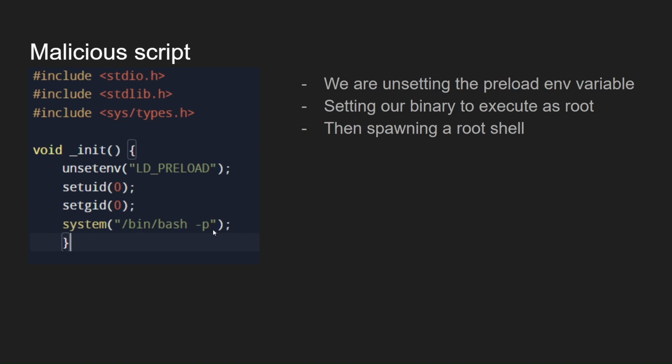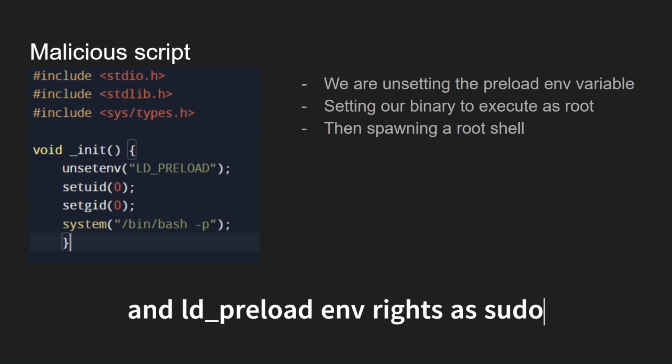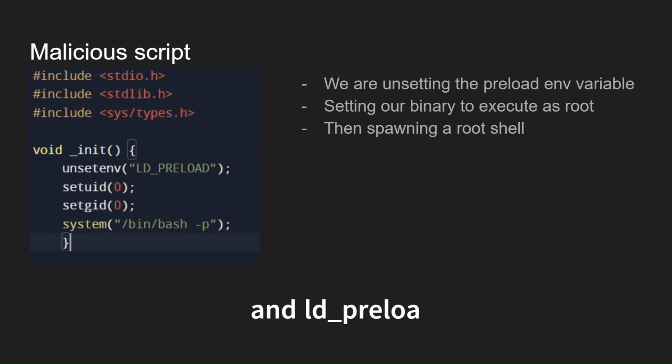That is how simple this works. As long as we have sudo access, we can compile this either on the machine or on our machine and file transfer it over to the victim machine, and we should be able to exploit preload functionality.